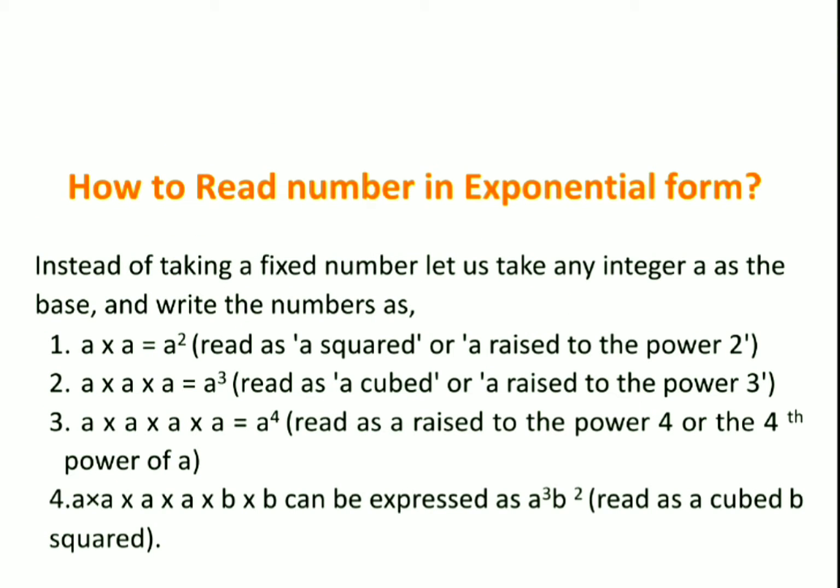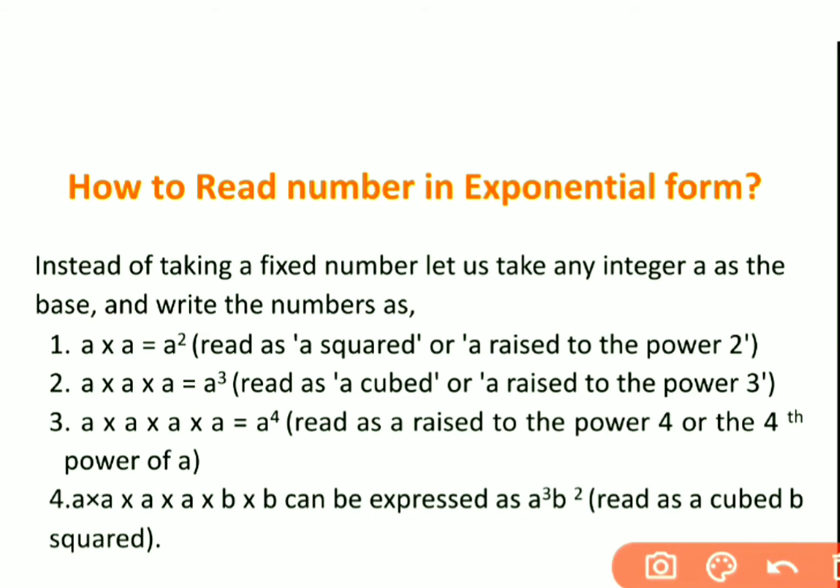Students, our next topic is how to read a number in exponential form. To understand it, let us take a fixed number. Let us take any integer a as a base, and you will see some multiplications written on the screen.